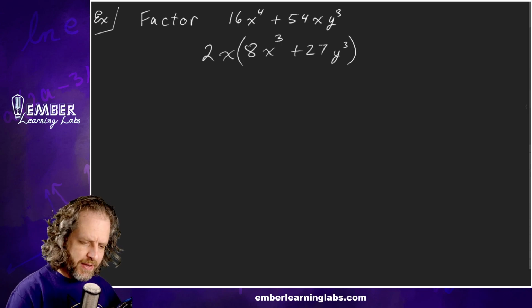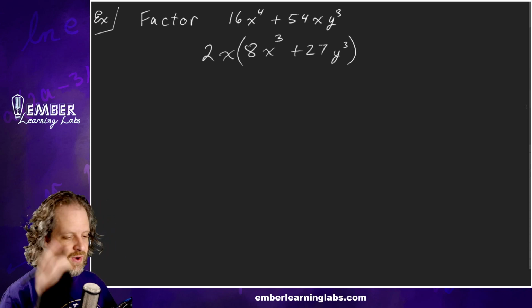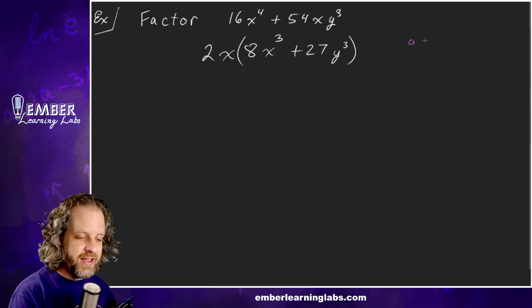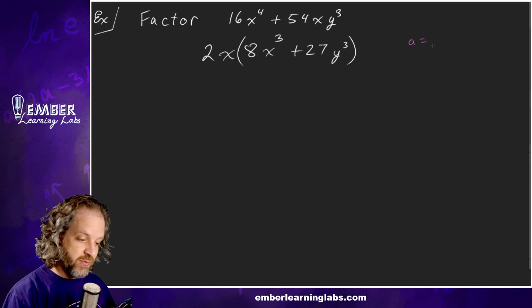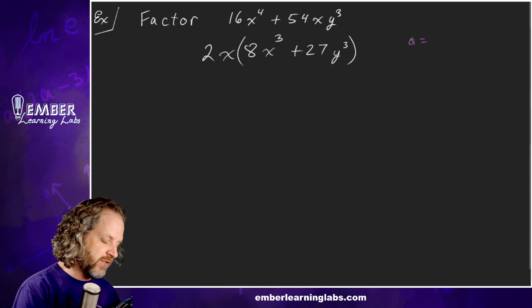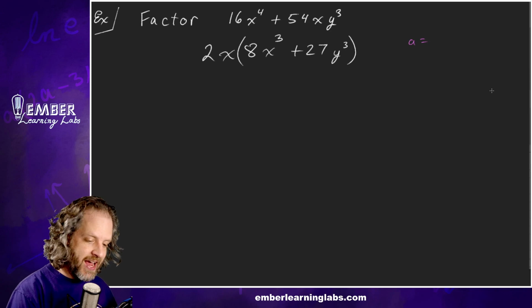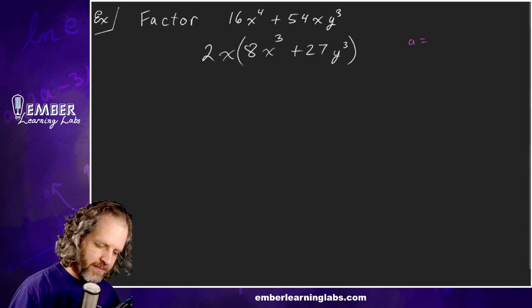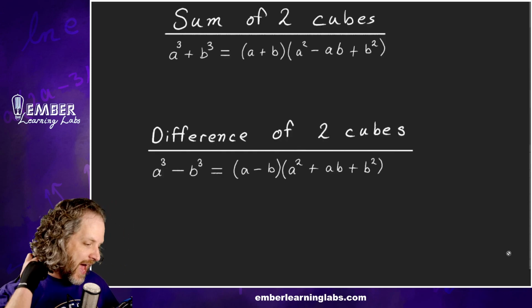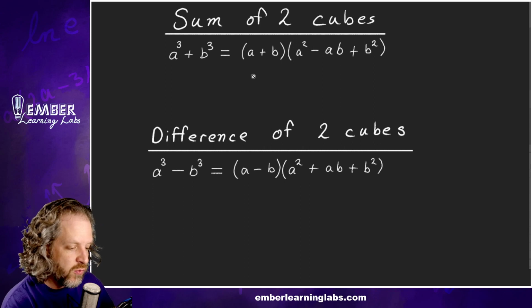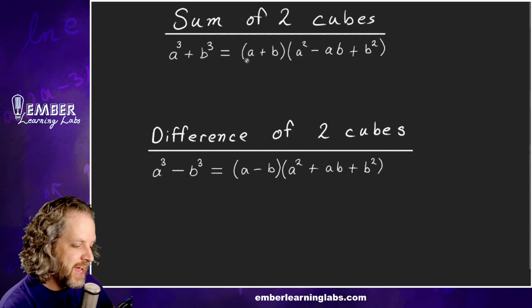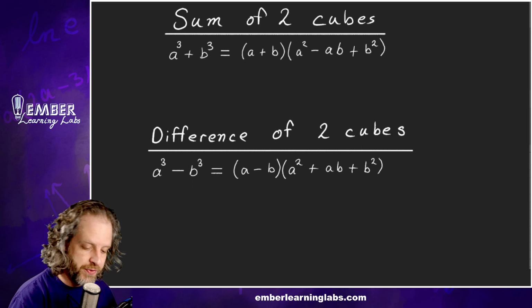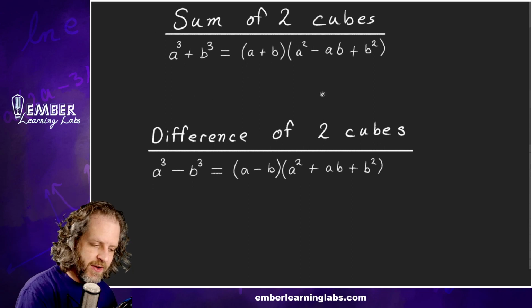So it's probably going to be helpful to write down what A is and what B is. That way it's going to be easier when we start plugging it in here in a minute. If we go back to our formula, A is this without the cubed bit, right? So you could say that A is the cube root of this whole thing, which for the variables is easy.